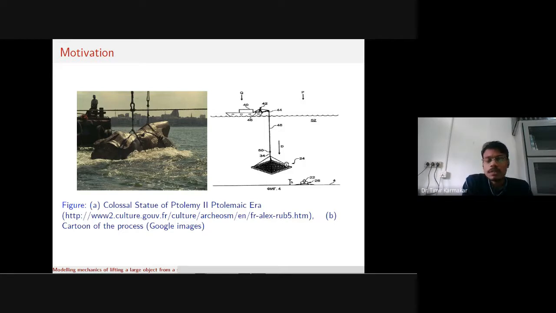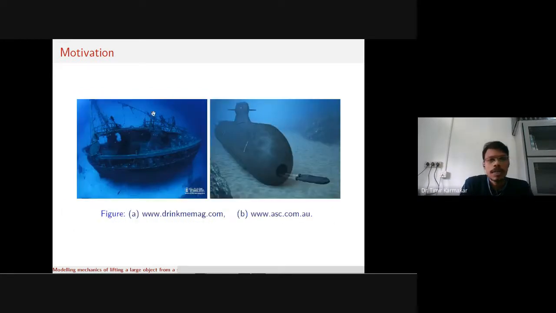More motivation we can get from this kind of thing. Suppose you want to salvage a sunken ship which is initially at rest at the seabed. How can we lift this object up from the seabed? This also involves some difficulty, like how much time we require to lift this object up, how much force we may need, and what the requirements will be.